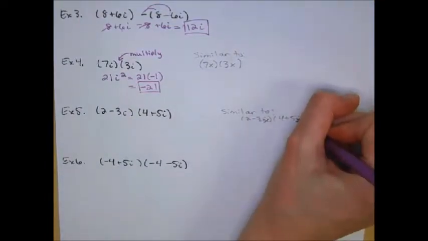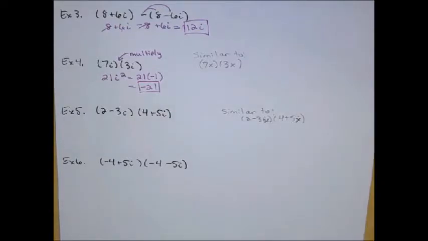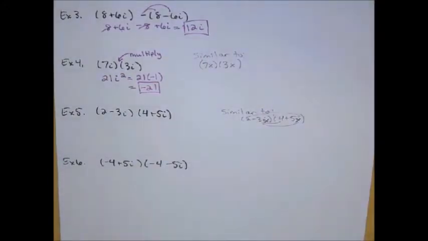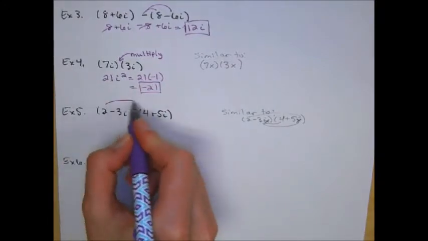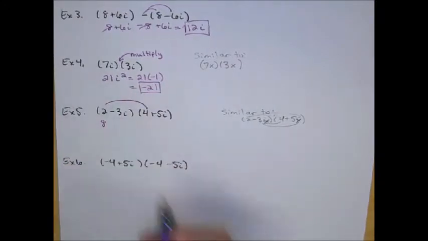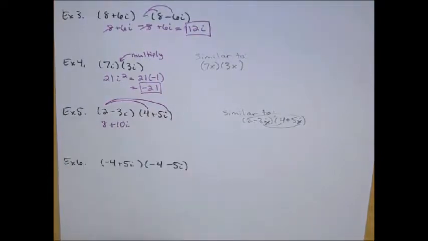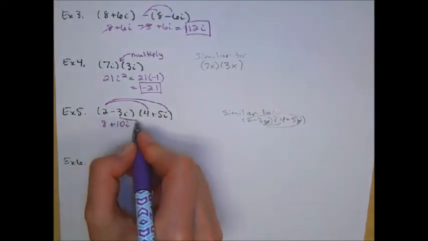So we're going to do the same thing here. 2 times 4 is 8. 2 times 5i is 10i. Negative 3i times 4 is negative 12i. Negative 3i times positive 5 is negative 15i squared.